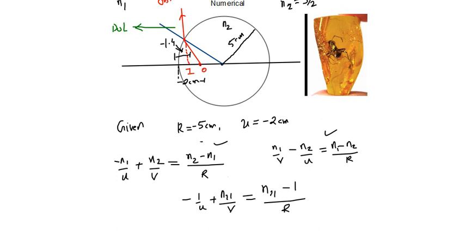So this is how you solve it. The insect inside the resin block or resin sphere is at a distance of 1.4 centimeter from the curved surface. So the person is looking at the apparent position, not at the real position. I hope you have understood this problem. We will do one or two more in the next video.